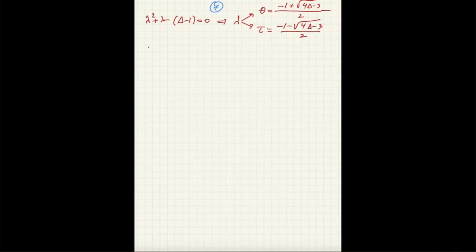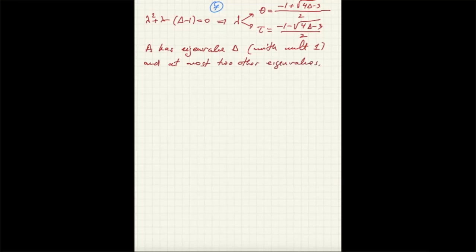Now, what we're saying is that A has eigenvalue delta with multiplicity 1, and at most 2 other eigenvalues. Okay. Now we claim that this at most is actually exactly 2 other eigenvalues.